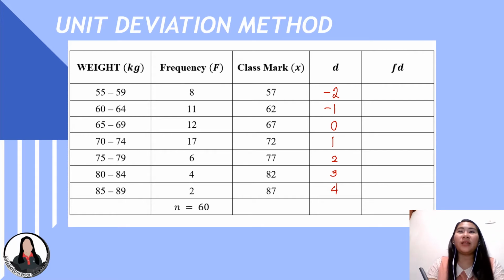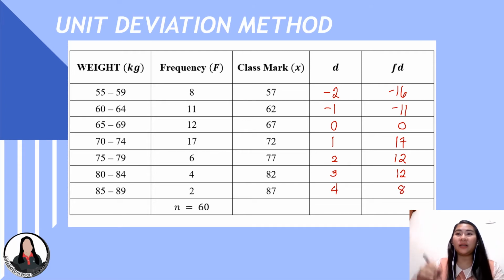Next, I have to obtain the product of f and d. So, let us multiply 8 times negative 2, that's negative 16. 11 times negative 1, negative 11. 12 times 0, that's 0. 17 times 1, 17. 6 times 2, 12. 4 times 3, 12. And 2 times 4, that's 8.